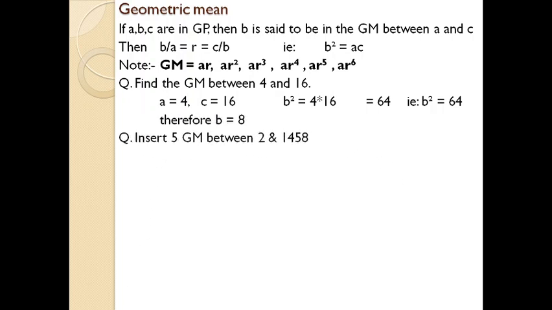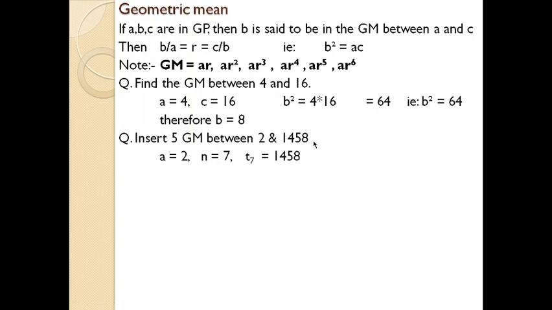Okay, next case. Insert 5 geometric means between 2 and 1458. We have dealt with similar situations in some of the other cases of geometric progression as well as in arithmetic progression. So you are given two numbers, 2 and 1458, and you need to add 5 numbers in between these two.